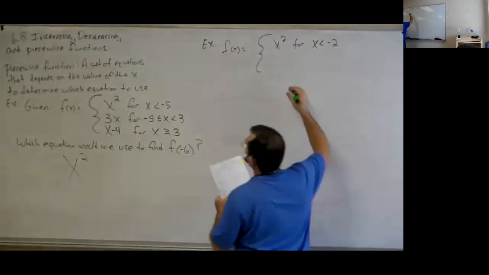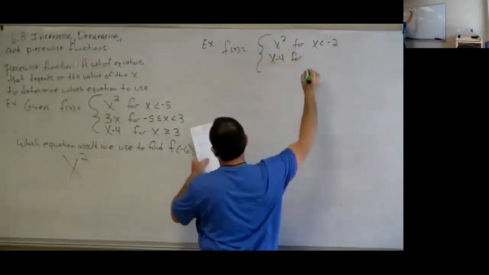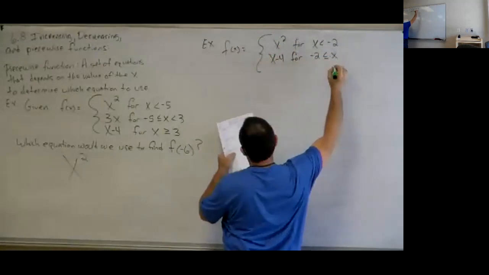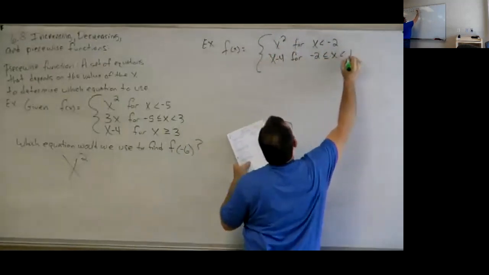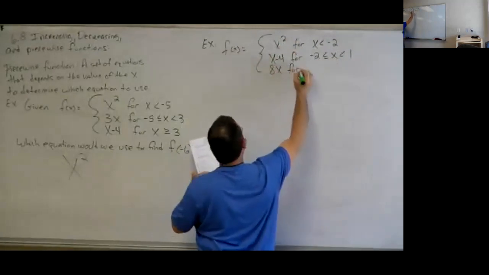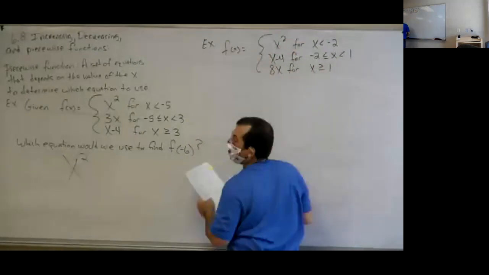It's going to equal x minus 4 for -2 less than or equal to my x less than 1, and then it's going to equal 8x for any x greater than or equal to +1.